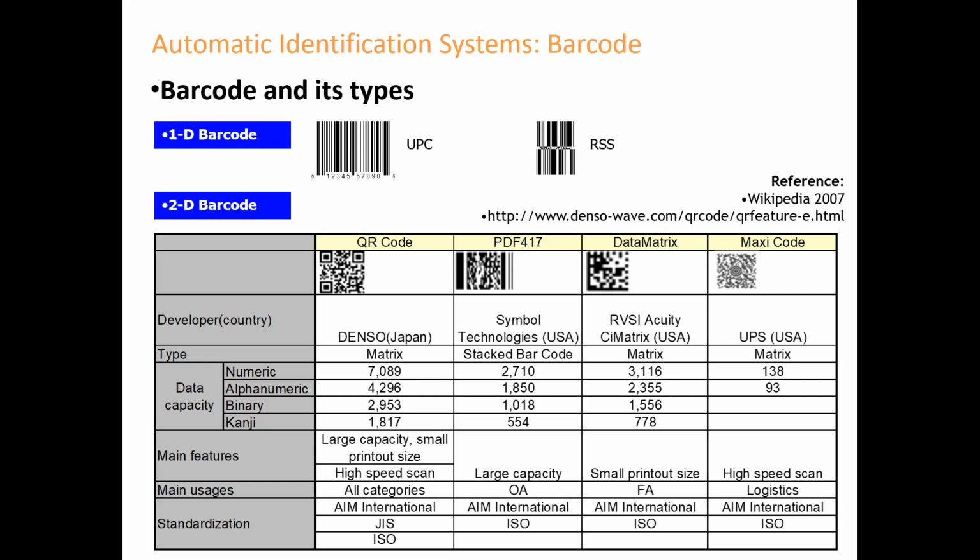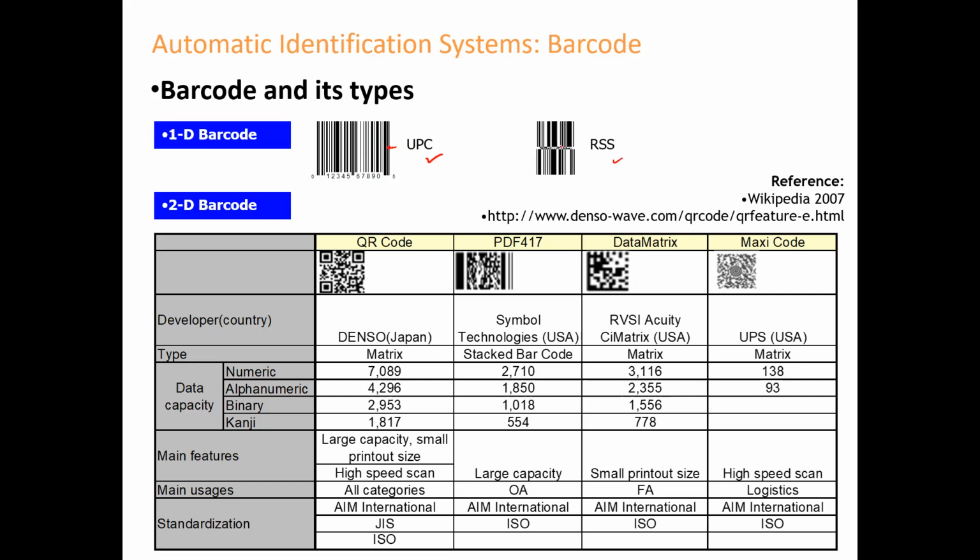Okay, so we have used barcodes for a long time already, but today we think there are some limitations of barcodes as well. Okay, I will show you on the next slide, but this is just to show you the standard of barcode in Thailand. I think we use the UPC barcode, but there's another standard called RSS.